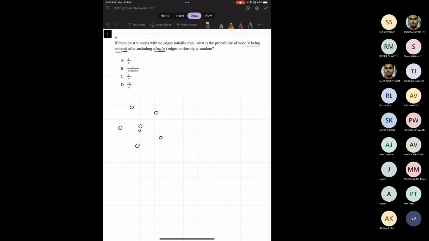So V being isolated means no edge to V. Now there can be these possible edges: this, this, this, this, this, this.